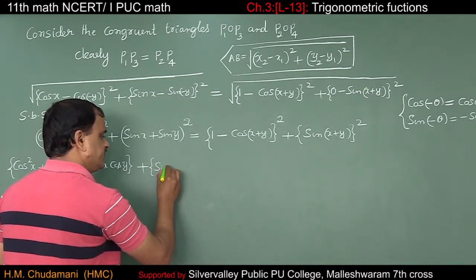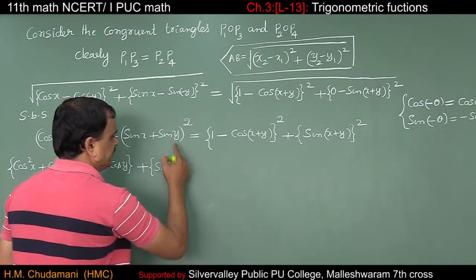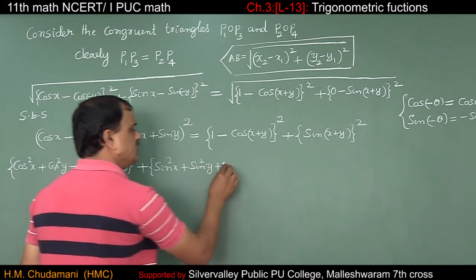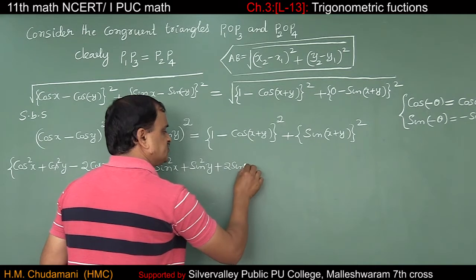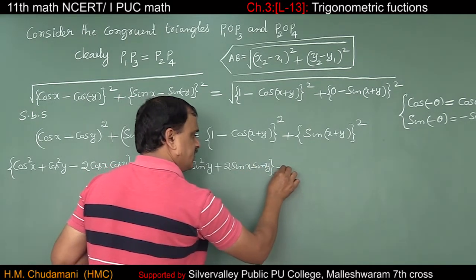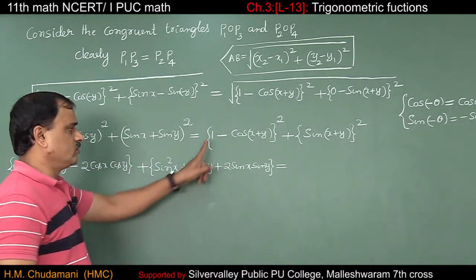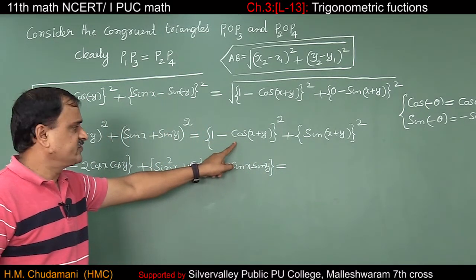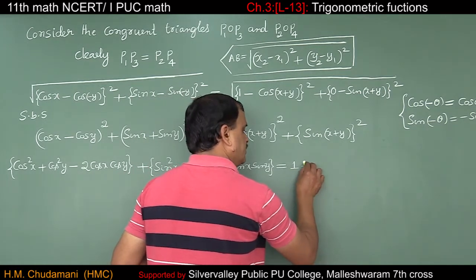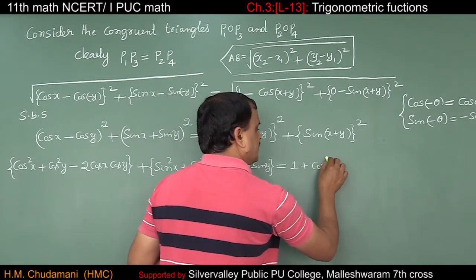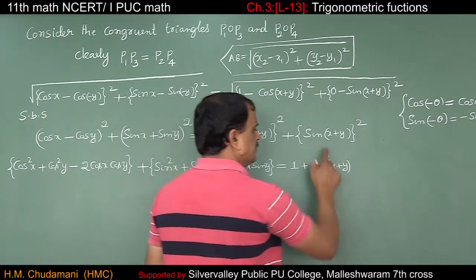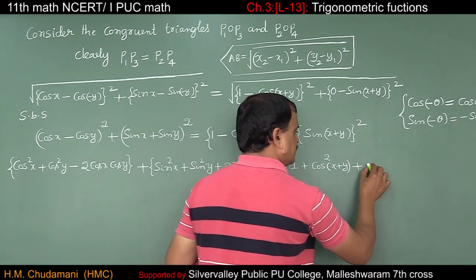A square means sin square x plus b square is sin square y plus 2 sin x into sin y, is equal to 1 minus this a minus b whole square formula, 1 square, 1 only, plus cos theta whole square means cos square theta, plus sin square theta.